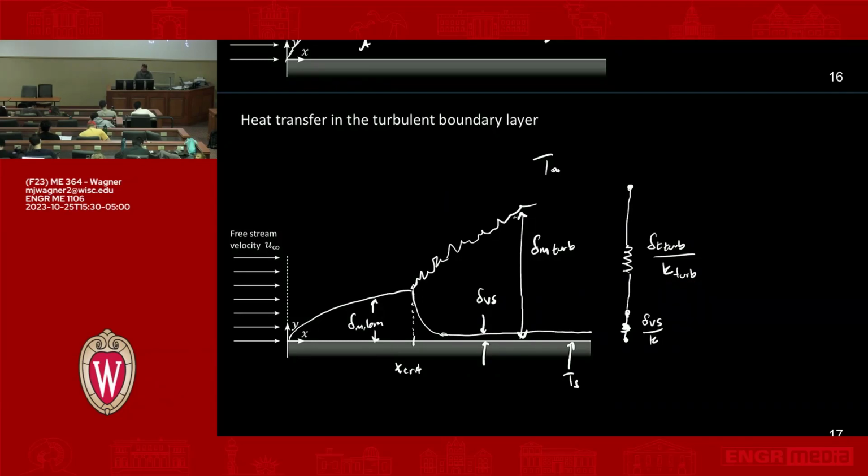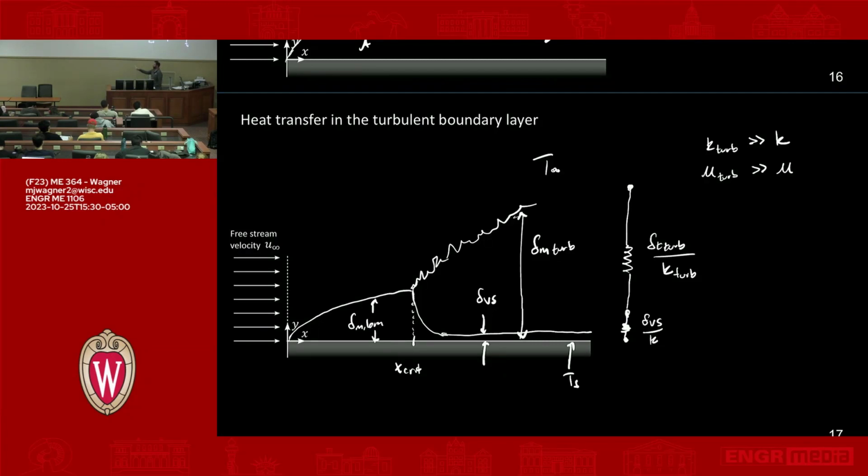So let's note that: K turbulent, the effective conductivity, is much higher than the fluid's inherent conductivity. The same thing is true of viscosity. If we were doing this for momentum, mu turbulent is much, much higher than mu.